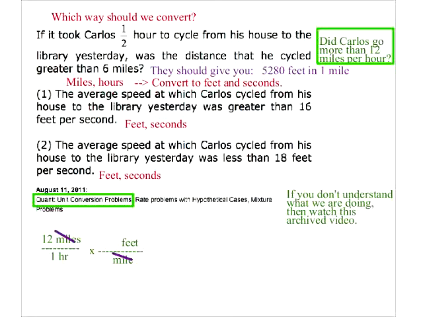So to kill the hours, we need to put them in the numerator, and we need to put seconds in the denominator. That'll give us feet per second. So the conversions are, there's 5,280 feet in 1 mile, and 1 hour is 3,600 seconds.